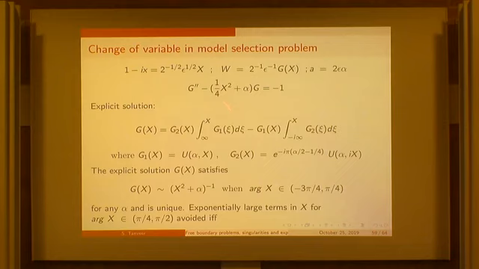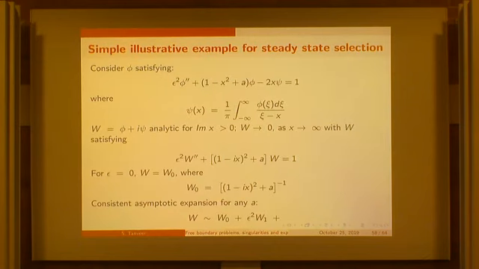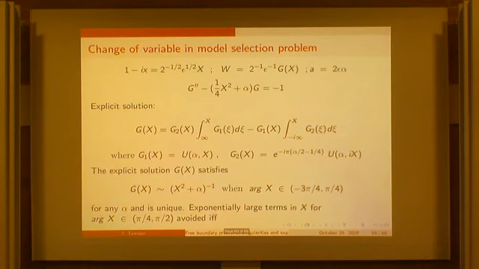The exponentially large terms in capital X translate into exponentially large and small terms in epsilon because of the scaling, right? So the point is that we needed this excursion to the unphysical domain in order to notice the selection.